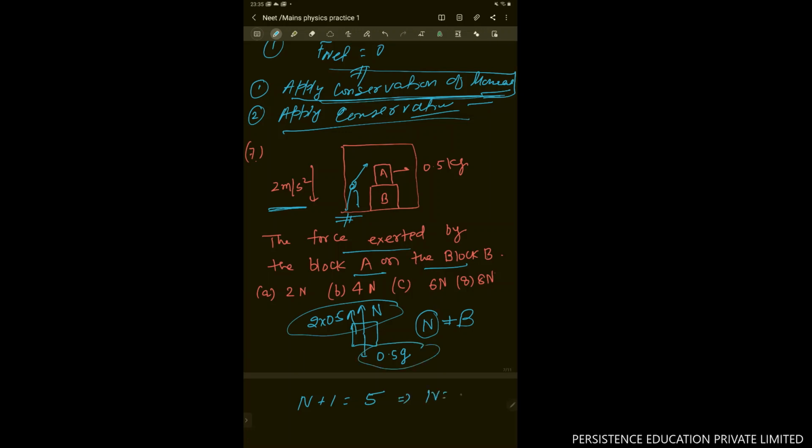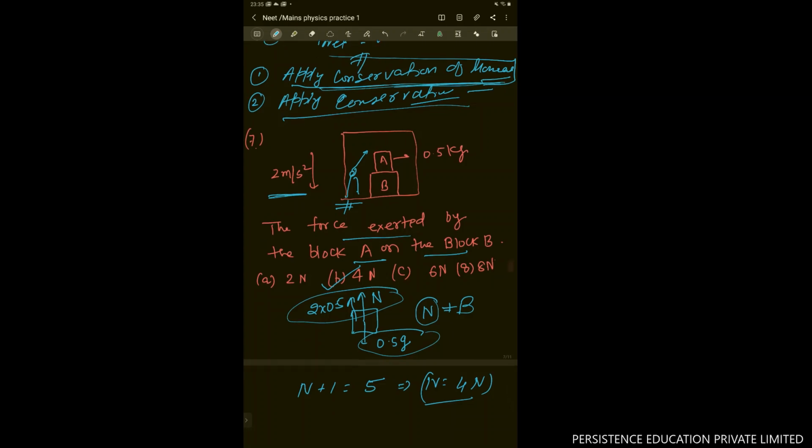So N is equal to 4 Newton. The normal experienced by block A from block B is 4 Newton. From Newton's third law, block A will apply the same reaction force on block B. So the answer is 4 Newton.